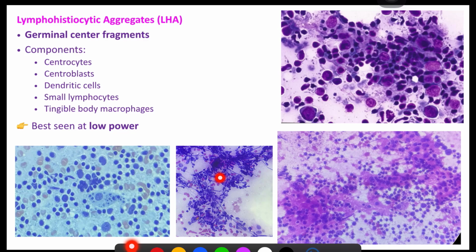These are the fragments in low power view, and here we can see tingible body macrophages, and these are the follicular dendritic cells. Best seen at the low power view.